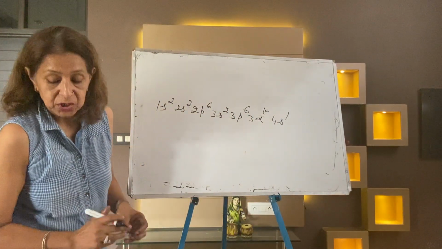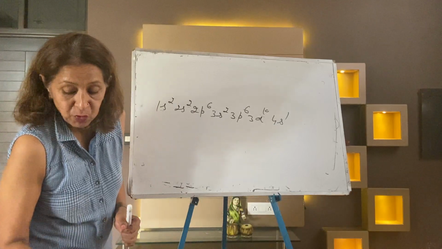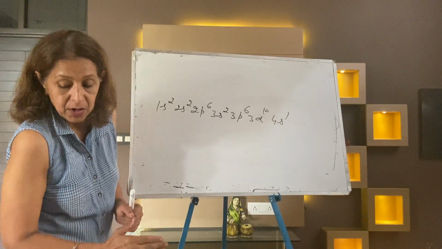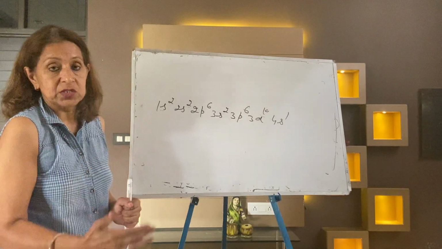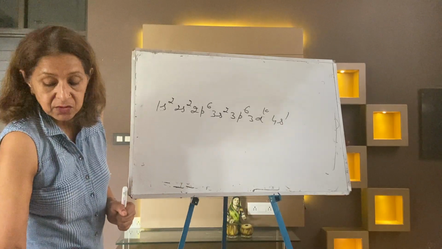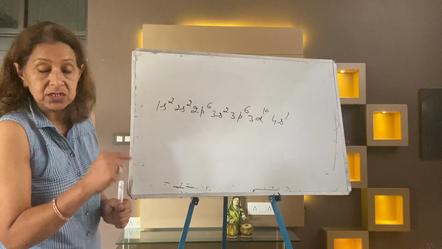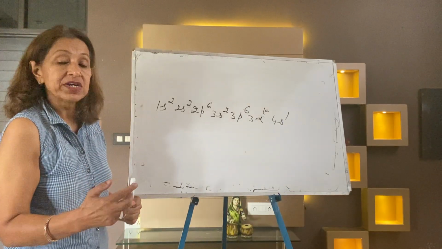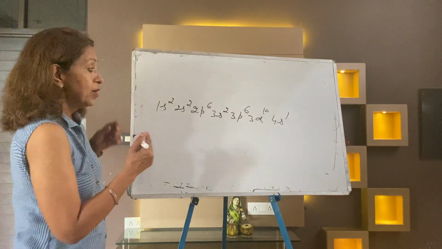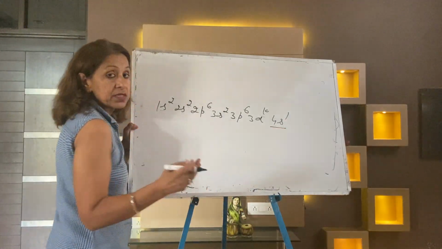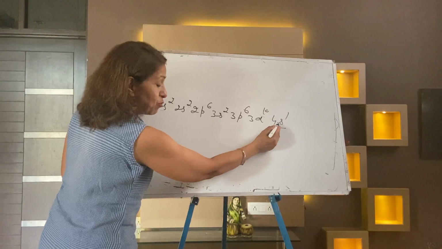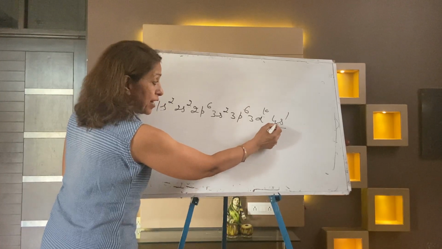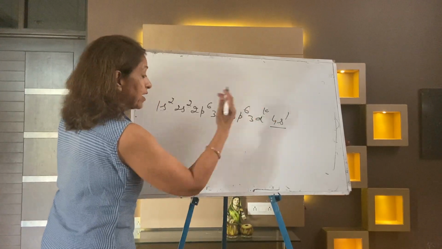This is the configuration given, and the question asked is what is the atomic number of the last element of the same group which is recently discovered. Do you not say 4S1? It's an exceptional configuration. The element which has 4S1, that means its atomic number is second last.